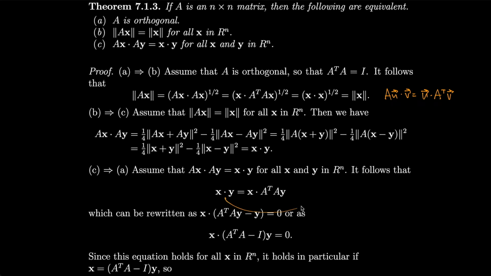Then I'll subtract X dot Y from both sides and factor out the X so that I get X dotted with this thing is equal to 0, which is the same thing as factoring out Y and saying that X dotted with this thing times Y is 0, but it holds for all X in Rn. So that holds in particular if X is equal to A transpose A minus I dot Y.